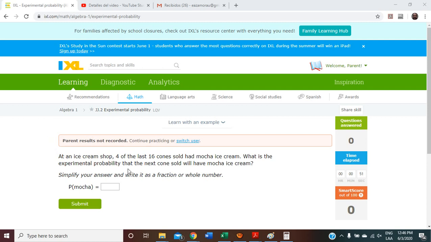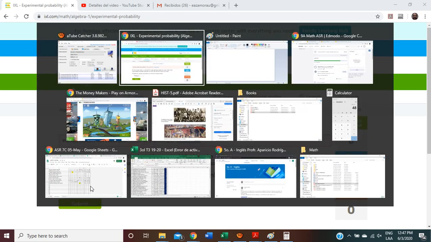The first one says, at an ice cream shop, 4 of the last 16 cones sold had mocha ice cream. What is the experimental probability that the next cone sold will have mocha ice cream? In other words, what is the probability to be mocha?